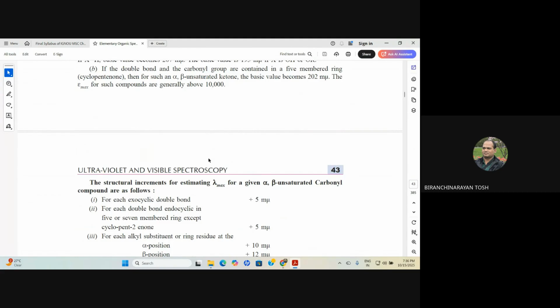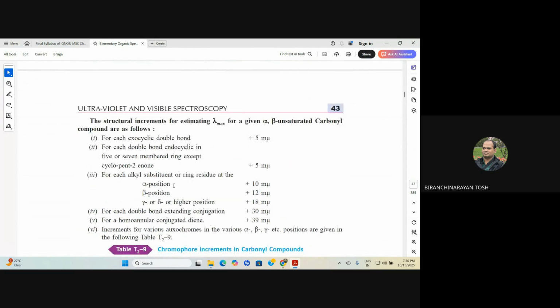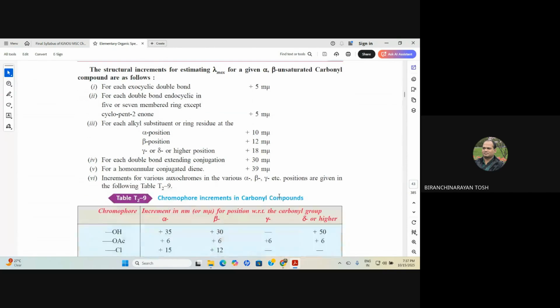For each exocyclic double bond, you have to add 5. For each endocyclic double bond, you also have to add 5. And if an alkyl substituent is there at alpha position, then 10, beta position 12, gamma and delta position 18. For each double bond extending conjugation 30, homoannular conjugated diene 39.